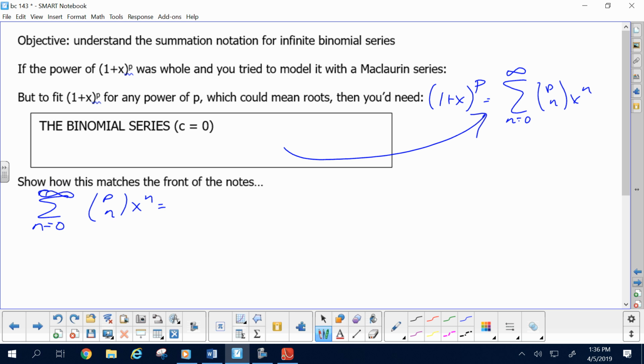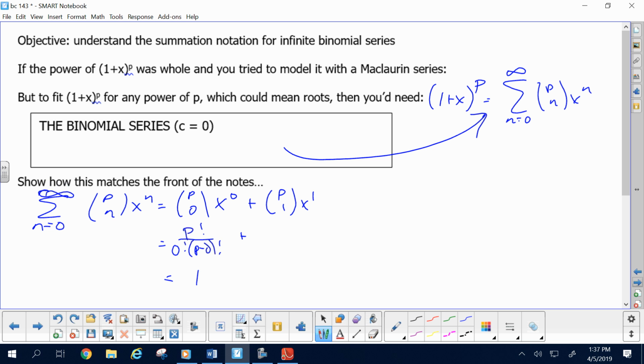If I expanded that a little to see how it matches what we did yesterday, then isn't the first term p choose 0 x to the 0? P choose 0 is P factorial over 0 factorial P minus 0 factorial. Well, that's P factorial over P factorial, and 0 factorial is 1, right? The next one is P choose 1, x to the first.